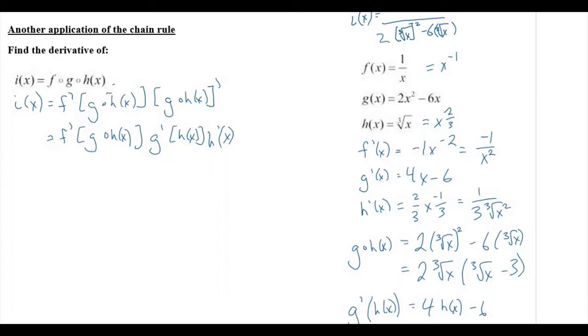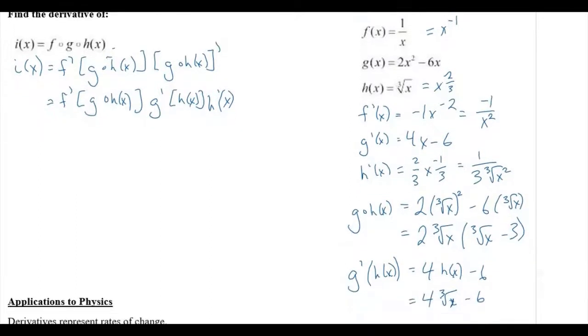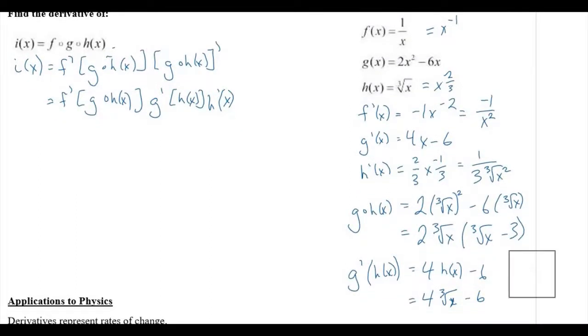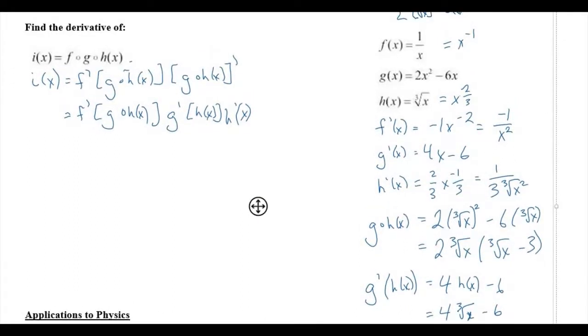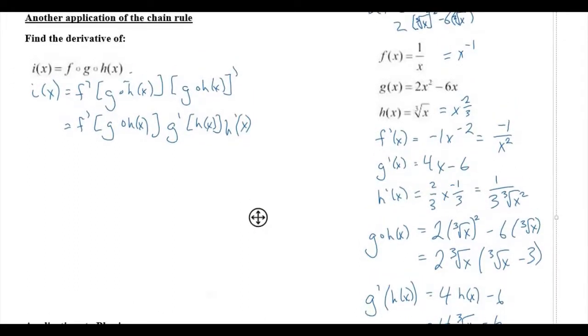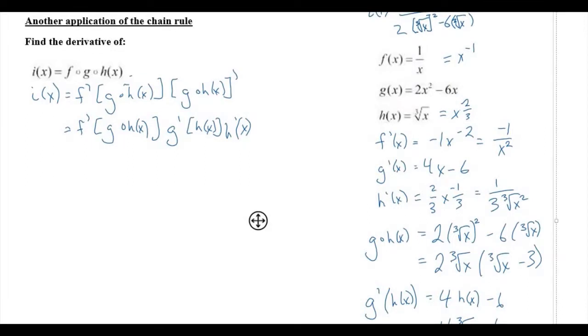H prime of x, we just convert h of x into an exponent, so x to the 2/3, and then we just use our power rule to differentiate, and it becomes 2/3 x to the negative 1/3, which we rewrite as a root. And then we take g of h of x and g prime of h of x, and they're all outlined down there. So hopefully those are not too difficult to riddle out. If you're not sure, then just come and ask me, but hopefully you're okay with that.